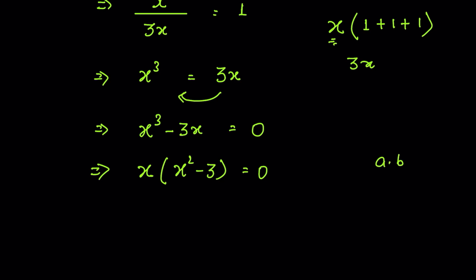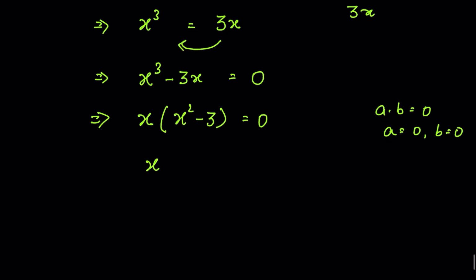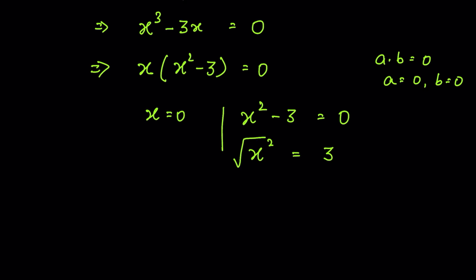When a times b equals 0, either a equals 0 or b equals 0. So that means x equals 0, or x square minus 3 equals 0, or x square equals 3. We take the square root of both sides, so it will be plus minus square root of 3.